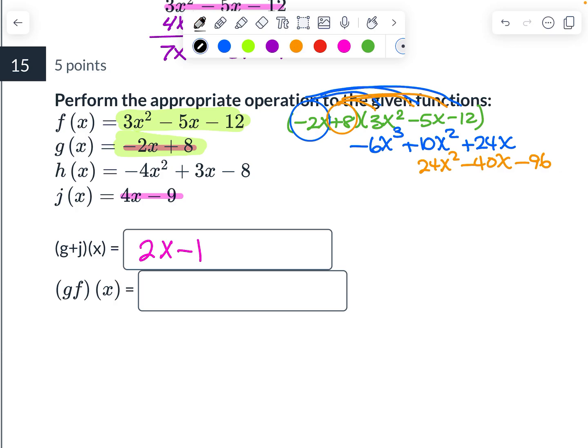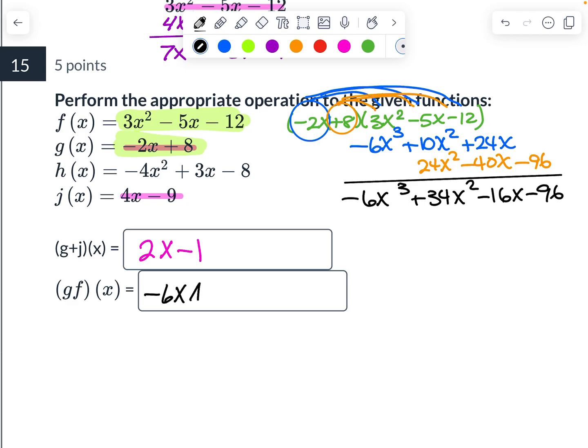And then we are going to combine, and we are going to get negative 6x to the power of 3 plus 34x to the power of 2 minus 16x minus 96.